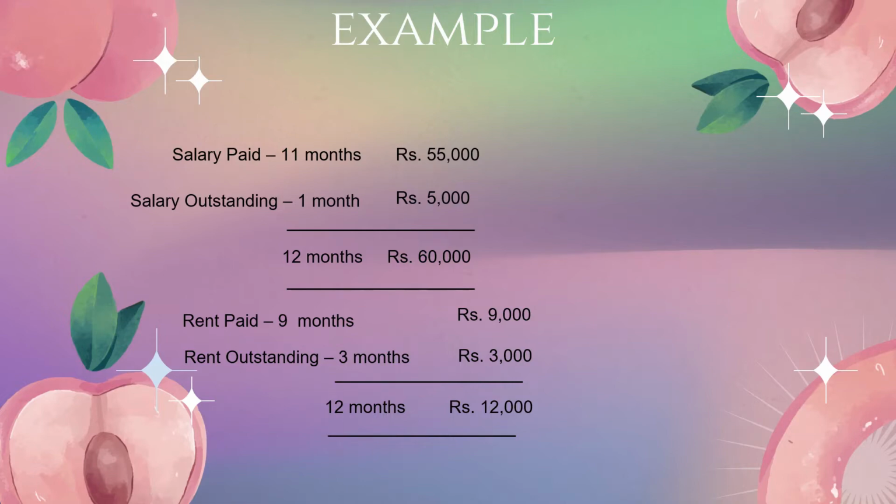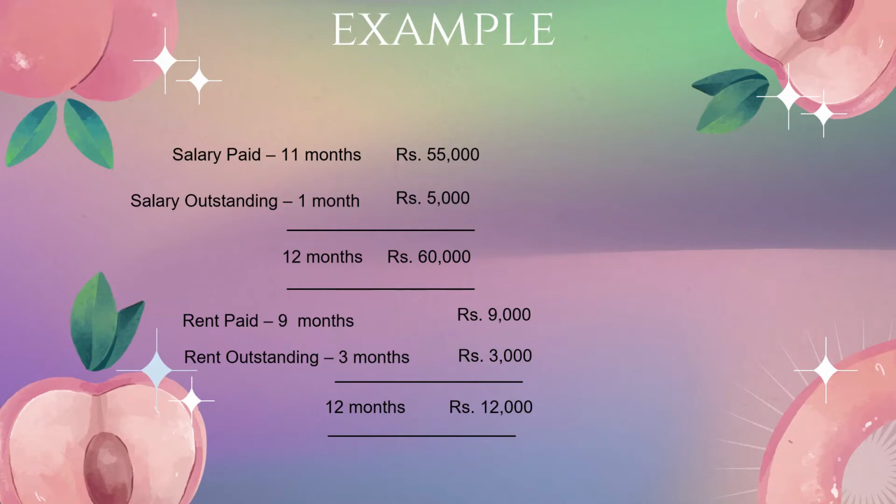So you have to show it as outstanding, and include it in the final accounts. That is why the expenses which are related to this accounting year, though not paid, you have to include by adding them. How will we include them? By showing them as outstanding expenses.